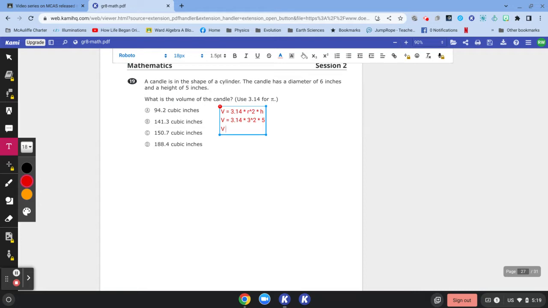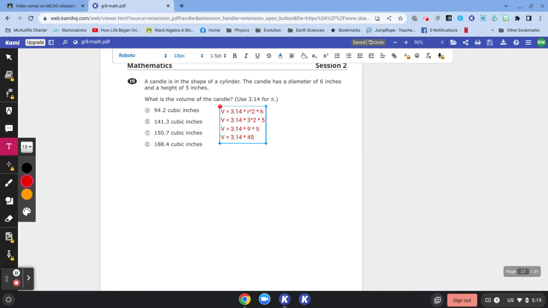So V is going to equal 3.14 times 9 times 5, and that's going to be 3.14 times 45. Okay, so now we got to figure out what is 45 times 3.14.